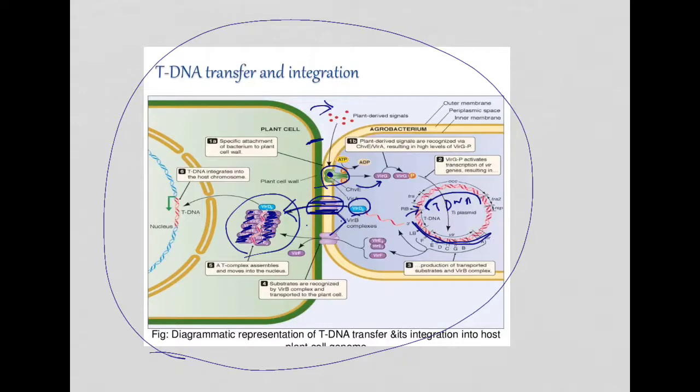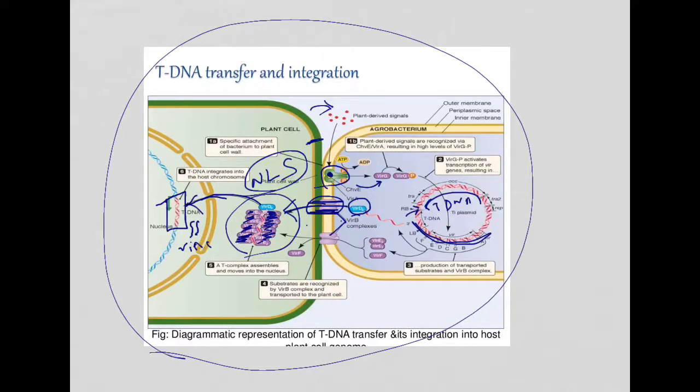Then what will happen? When it comes near the nucleus, it will be transported inside the nucleus with the help of NLS protein, that is nuclear localization signals, and when it is inside the nucleus, it will form a double stranded structure with the help of some other proteins like VirC, and then this double stranded structure will get incorporated into the plant cell genome.